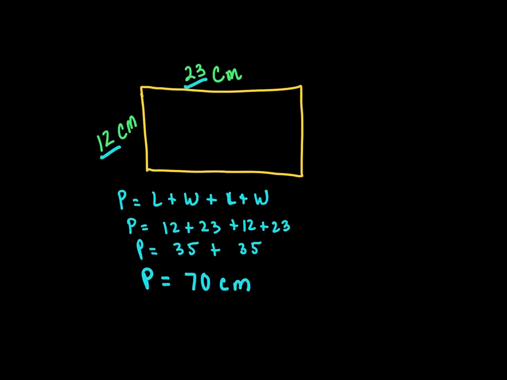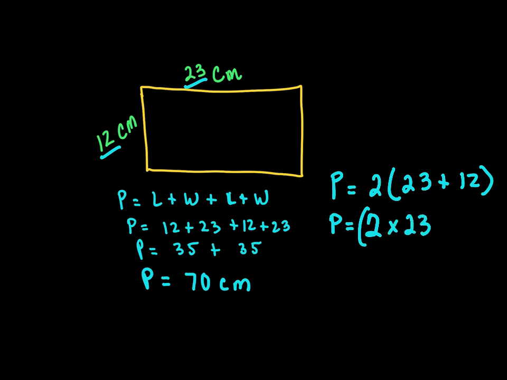Now this would be a much quicker way because these numbers are big. I mean, we could do multiplication, but you remember you're going to have to multiply bigger numbers. We could do the distributive property here. 2 times 23 plus 2 times 12.